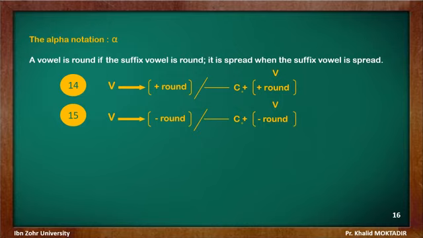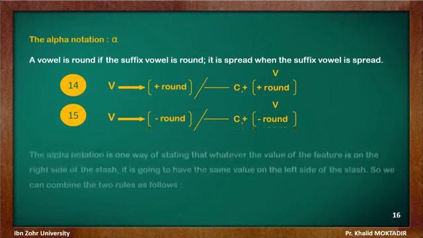Look at this. Vowel becomes plus round if it is in this position, and then we have a morpheme boundary, and then after the morpheme boundary we have the suffix vowel, which is plus round. So this rule is saying the stem vowel becomes plus round if the suffix vowel is plus round.